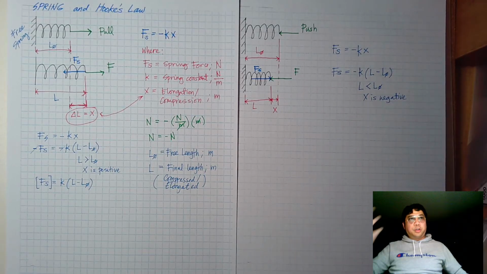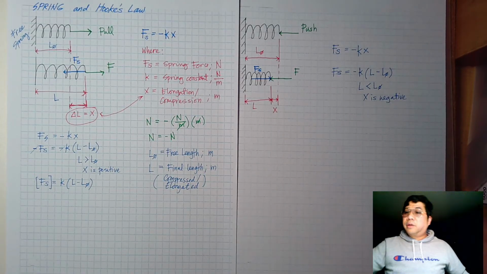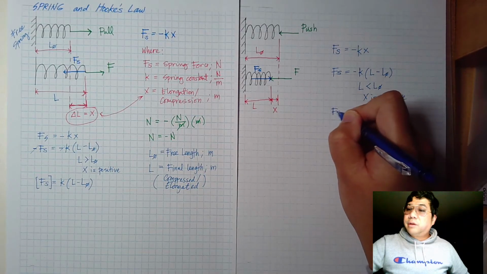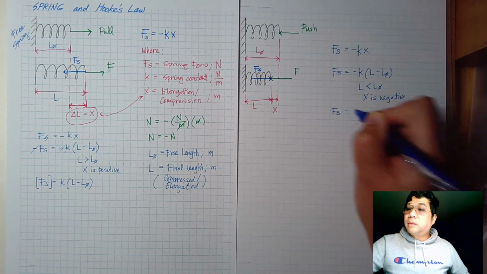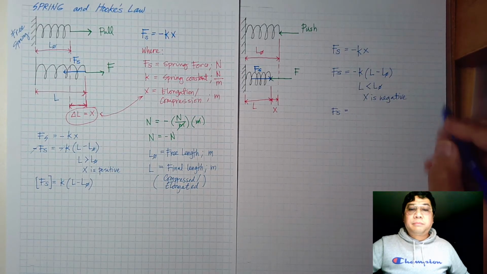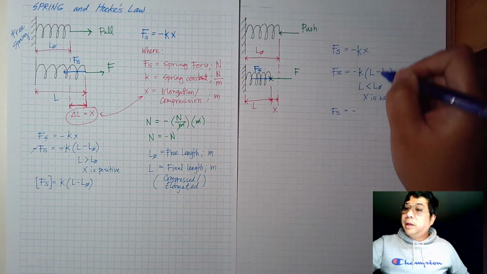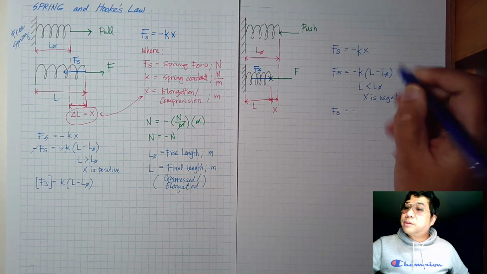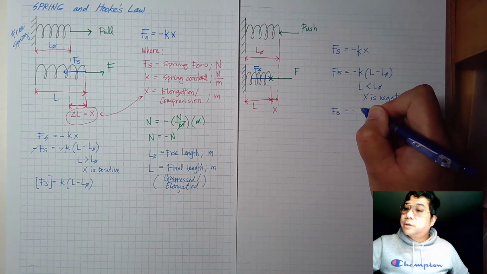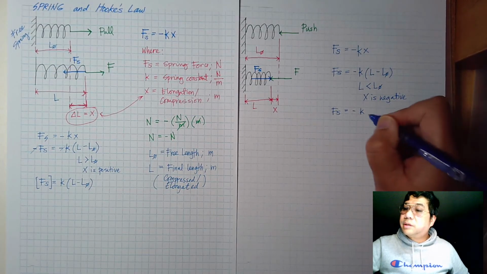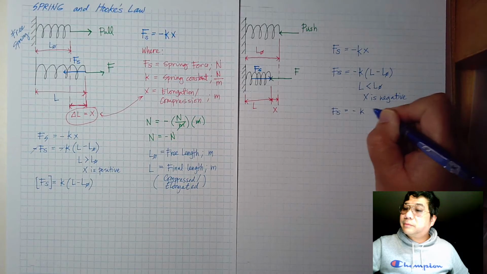Now that you're analyzing it, it's negative. So we have our Fs over here, which is positive, negative, and this product right here is negative also. So K, which is negative.